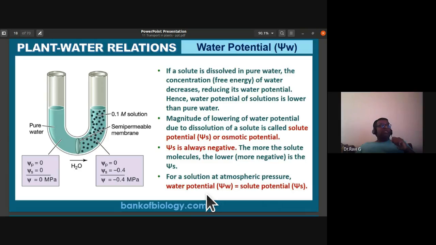Water potential equals solute potential plus pressure potential. Water potential equals solute potential. So the right answer is: water potential equals solute potential at atmospheric pressure.